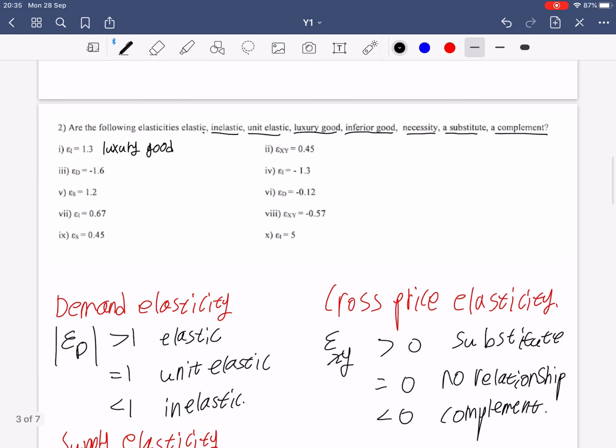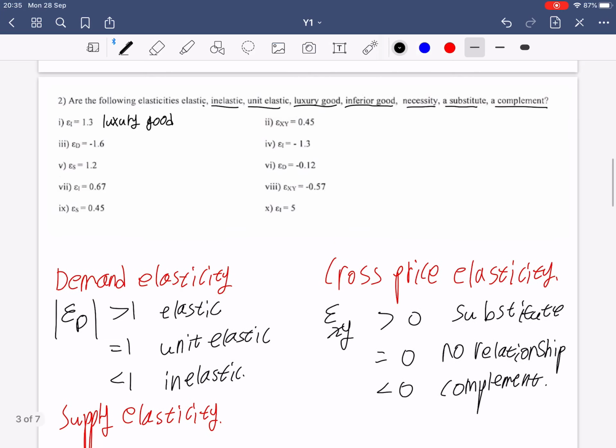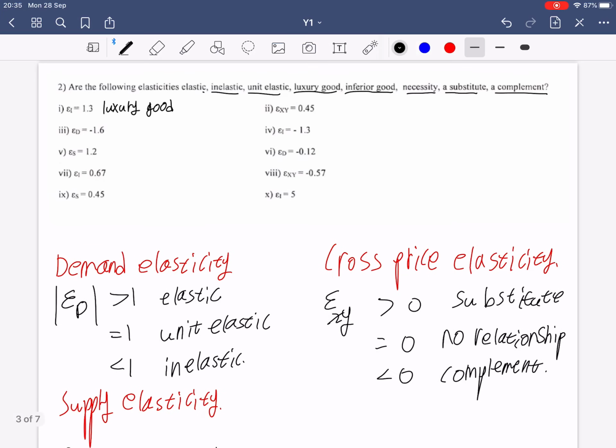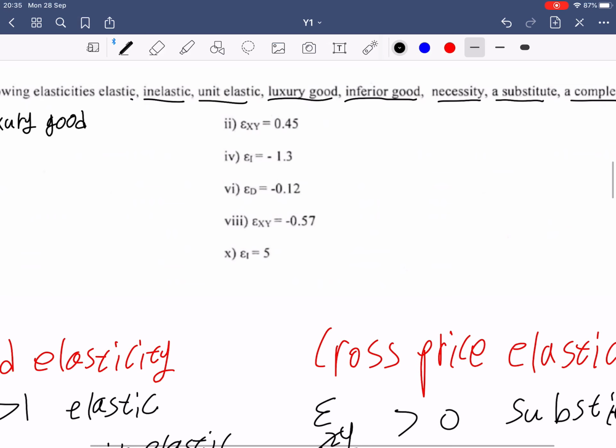In question 2, EXY tells us that it is cross price elasticity, and as it is 0.45, which is greater than 0, it must be substitute goods. Sorry for the bad handwriting. Substitute goods.